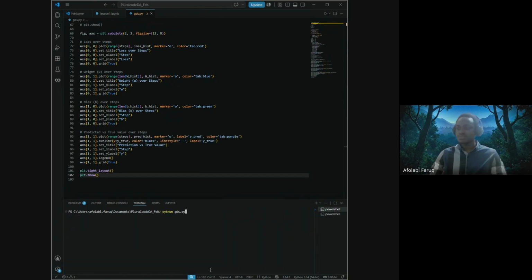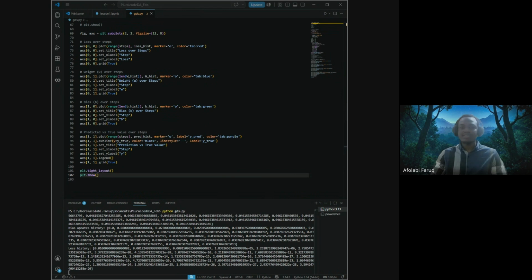Okay, so let's plot the graph. Great. So I'm going to show this here.